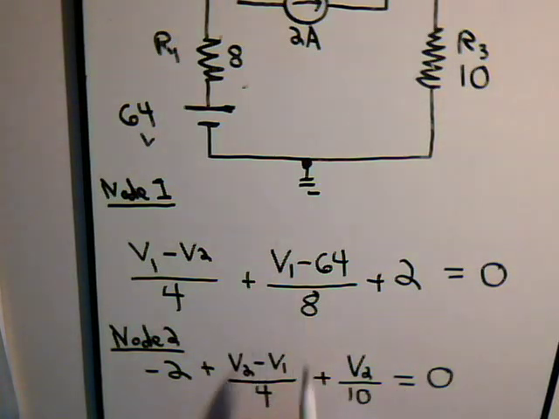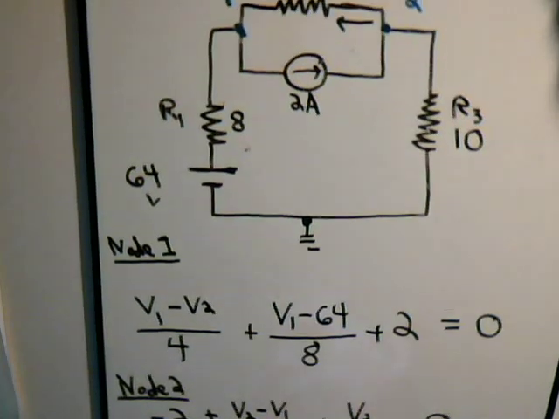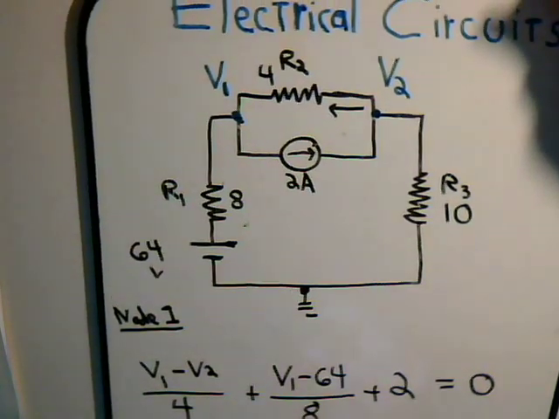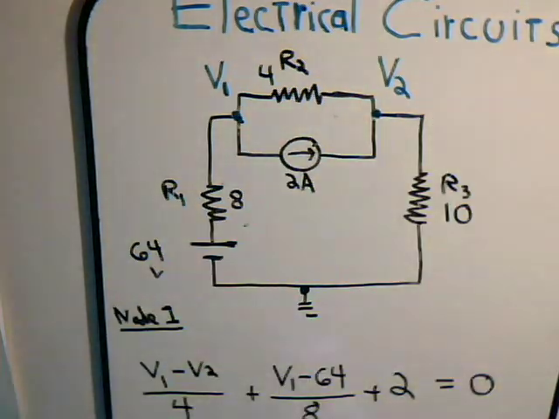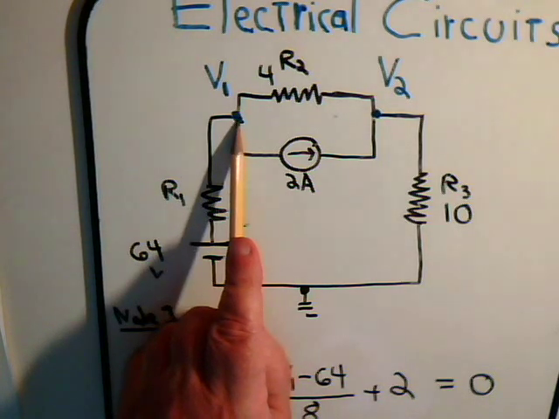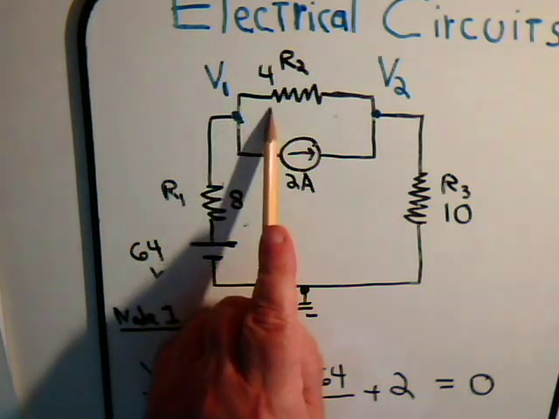So we have these two equations. Notice when we're setting the problem up, when we're considering node 1, we're assuming that this unknown current flowing through resistor R2 is flowing away from the node, so it'll be going in this direction.